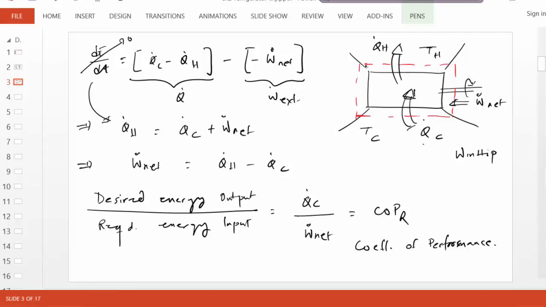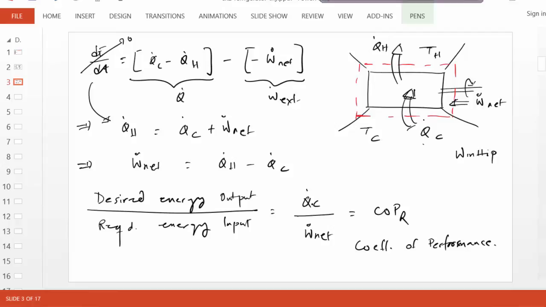If you use the same refrigeration system, this black box, for a different purpose, suppose you say, I'm putting it between an outside which is colder than my house, and I want to transfer heat from outside to inside. In that case, TH becomes the house temperature, the temperature inside your room, and TC becomes the temperature outside on a cold night.